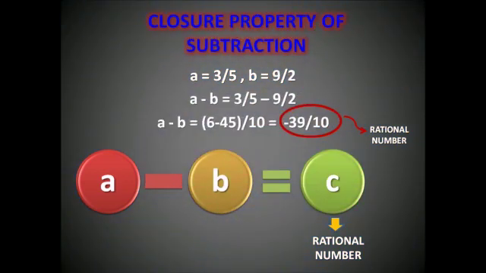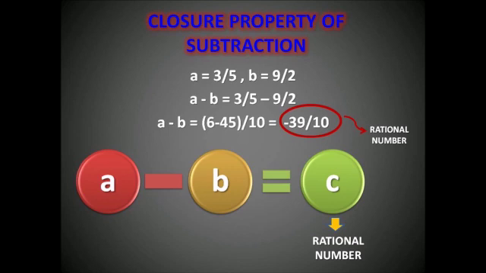Similarly, let's look at the closure property of subtraction. Let's take two rational numbers A and B, where A is equal to 3/5 and B is equal to 9/2. If you calculate the difference between the two, that is A minus B, you get 3/5 minus 9/2, which is equal to (6 minus 45)/10, which gives minus 39/10.